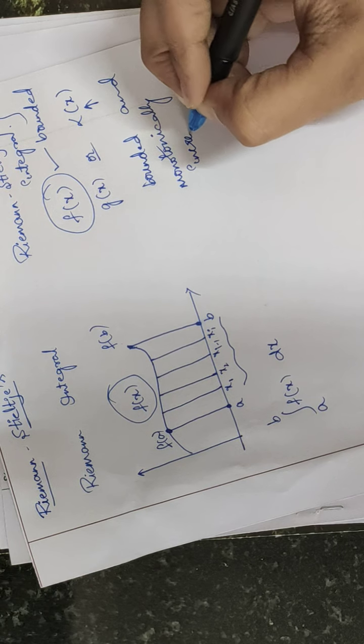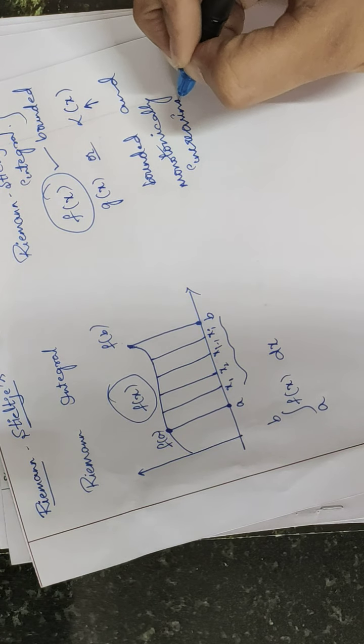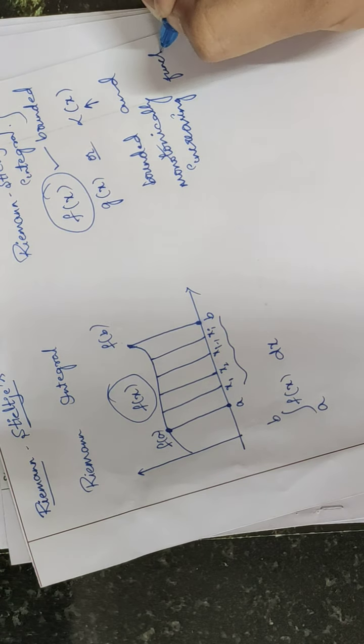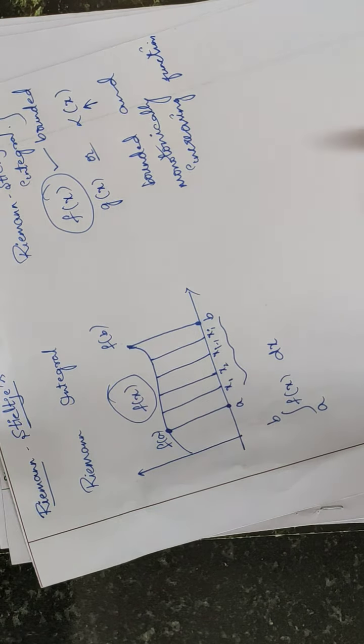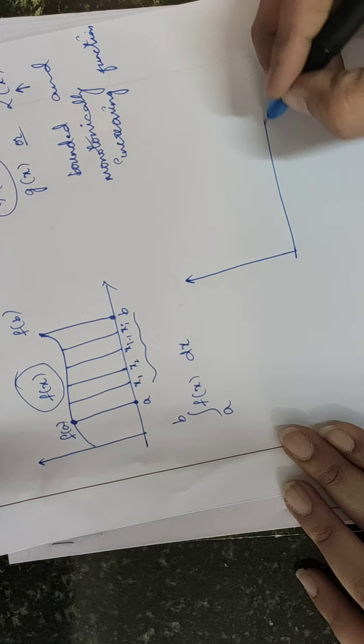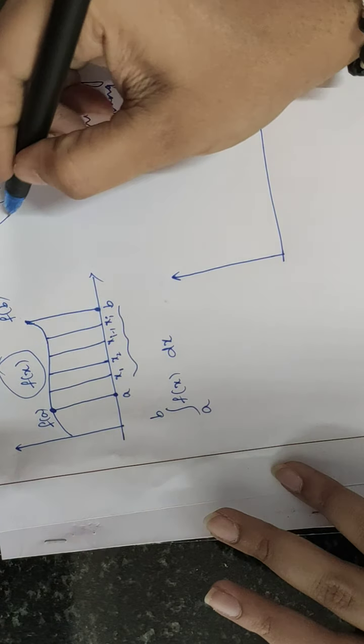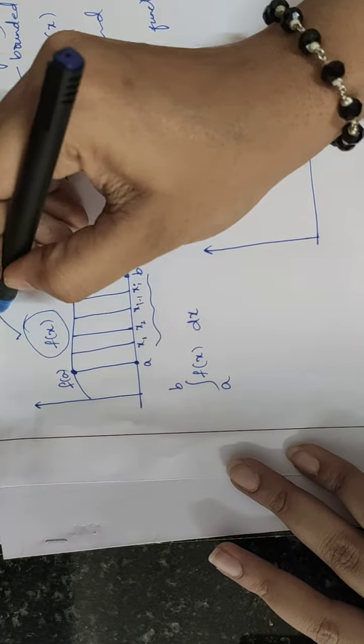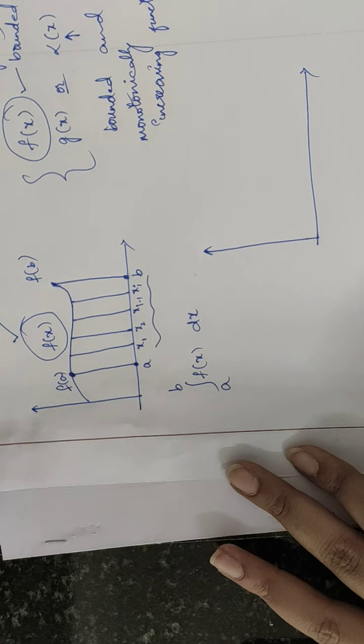So if I consider the graph of this, you can observe the main difference is here we have two functions, whereas in Riemann integral we were having only one function.